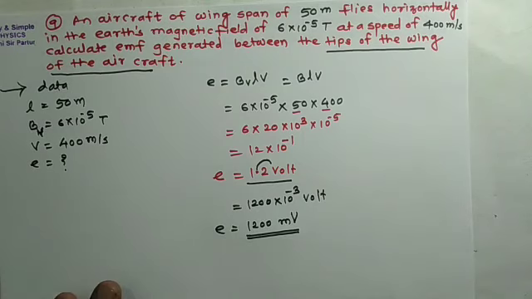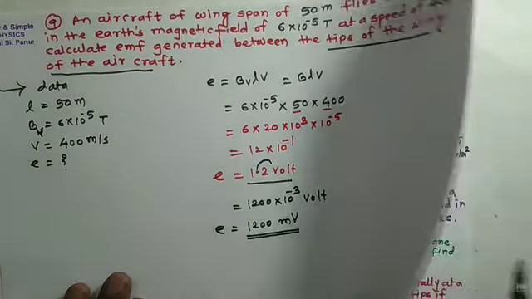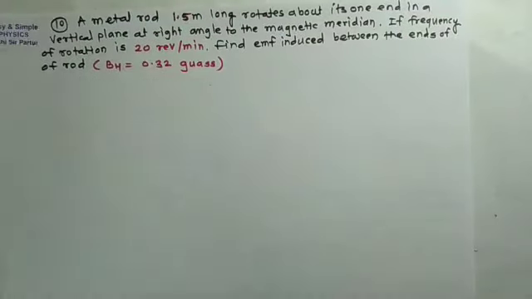And again we can solve another example. A metal rod of 1.5 meter long rotates at its one end in a vertical plane at right angle to the magnetic meridian.